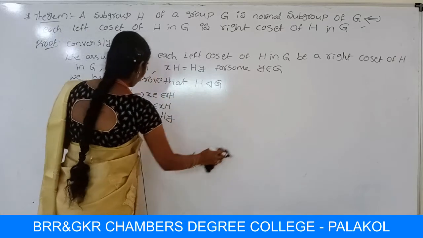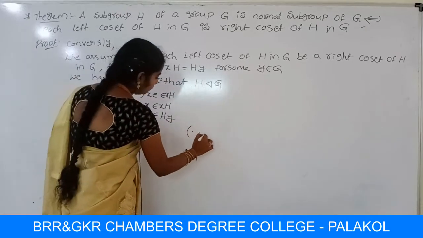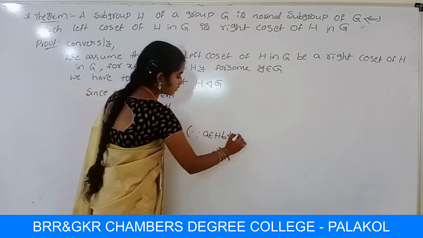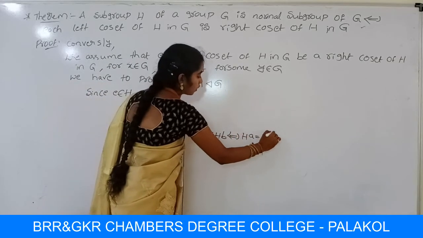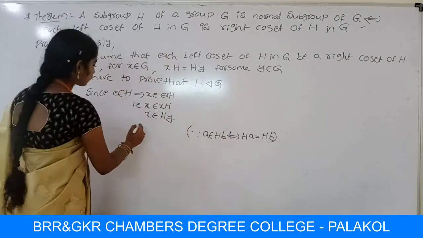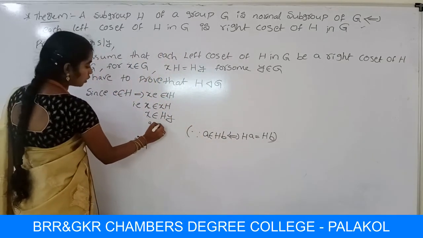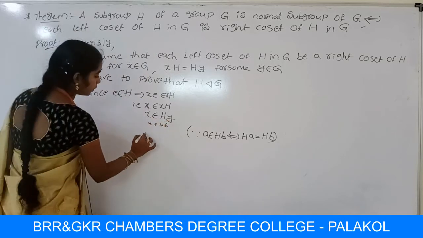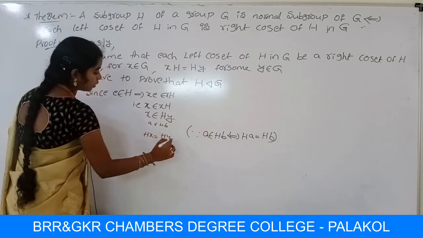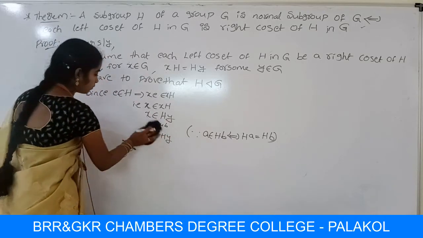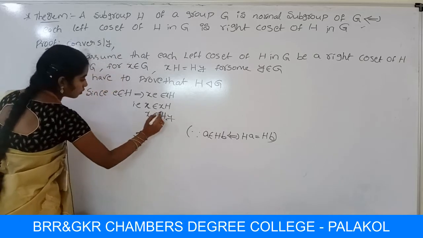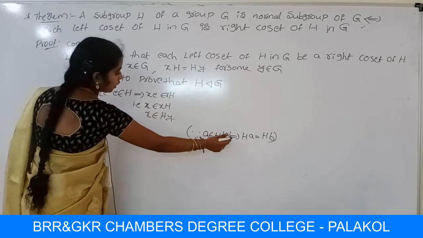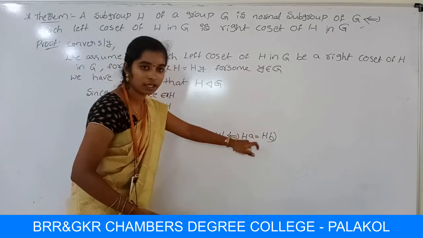So next, already you know that A belongs to HB if and only if HA equal to HB, by using this theorem. So that means by using this theorem, X belongs to HY if and only if HX is equal to HY.